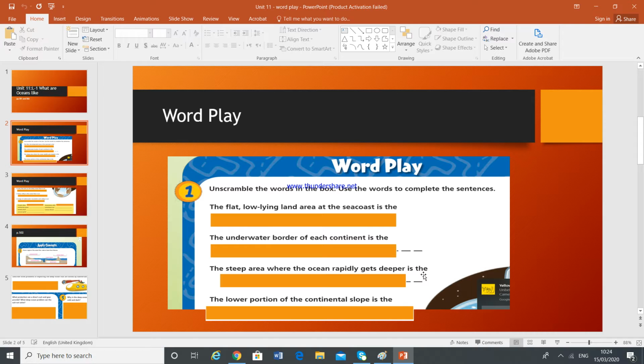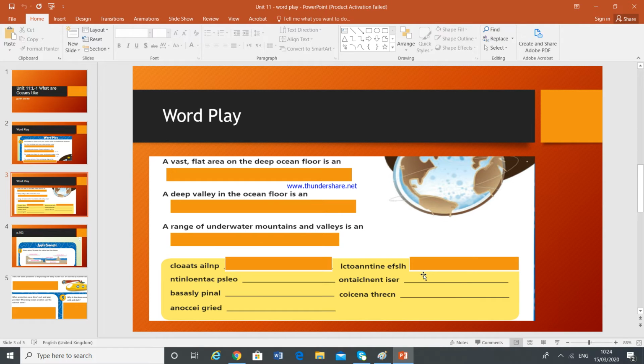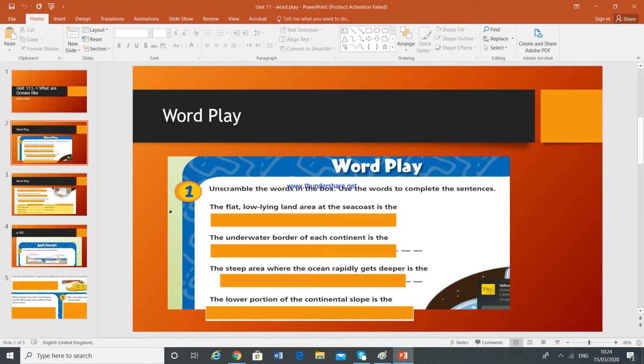So try to unscramble them before you look into this video, using vocabulary words and some of the highlighted words in your book.